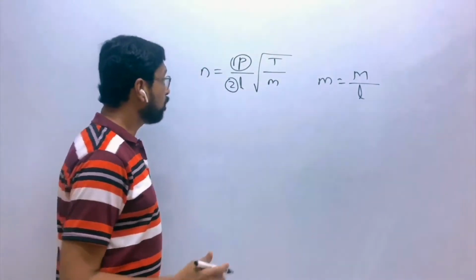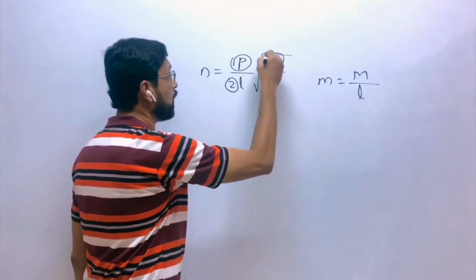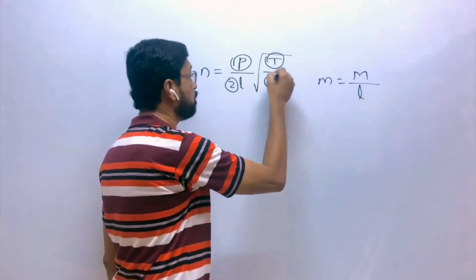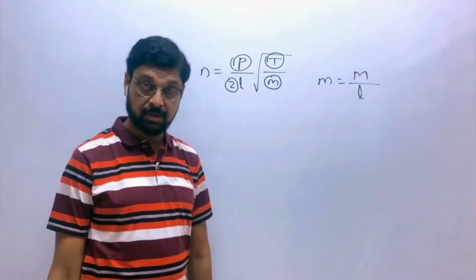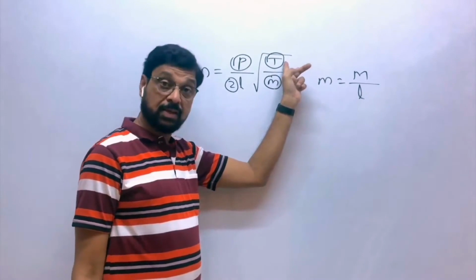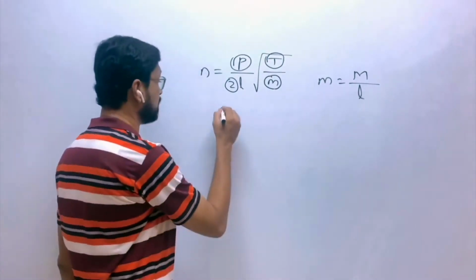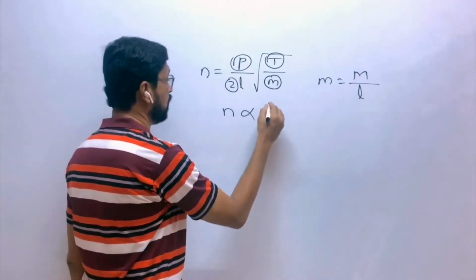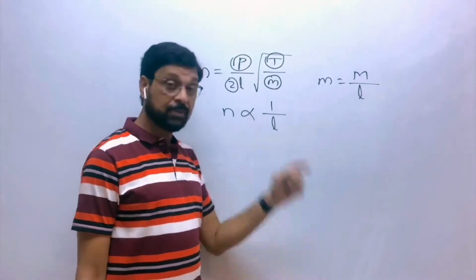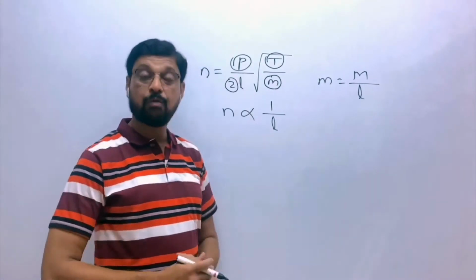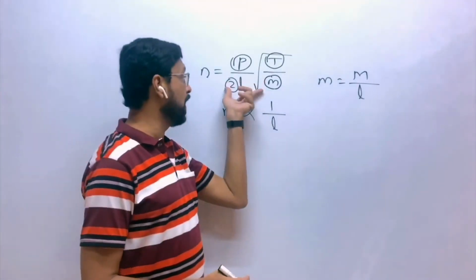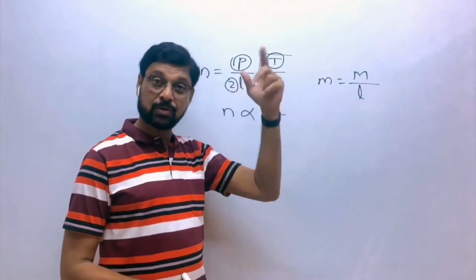So suppose you keep tension in the string constant and mass per unit length of the string constant, means you don't change the string and tension in the string is kept constant. In that case, n will be inversely proportional to L. This is the first law of vibrating strings. From this formula, you can state the laws of vibrating string.